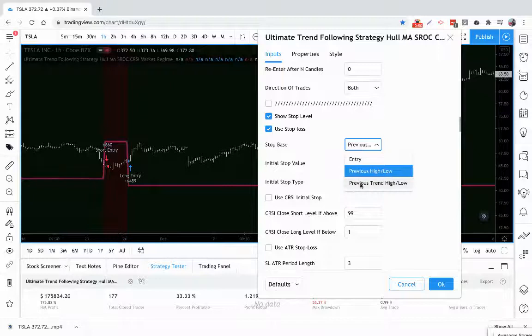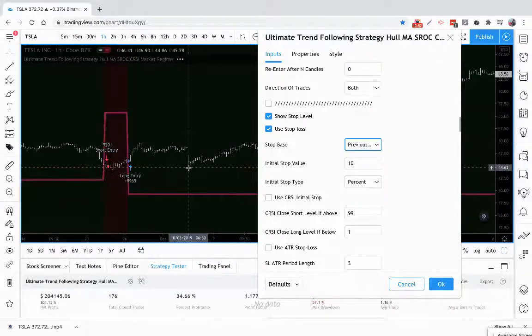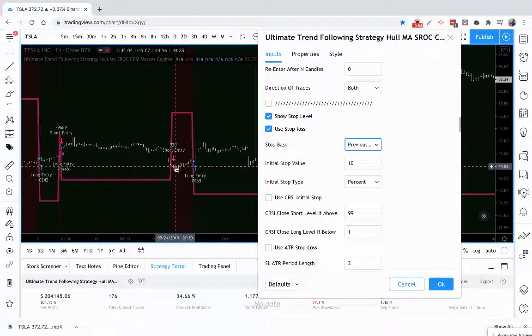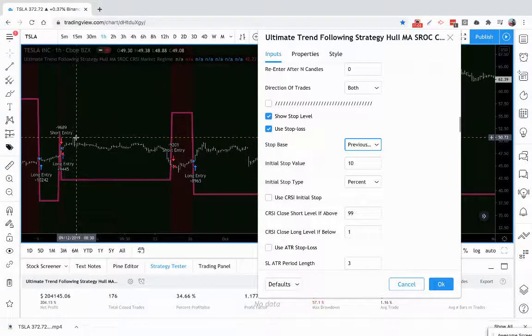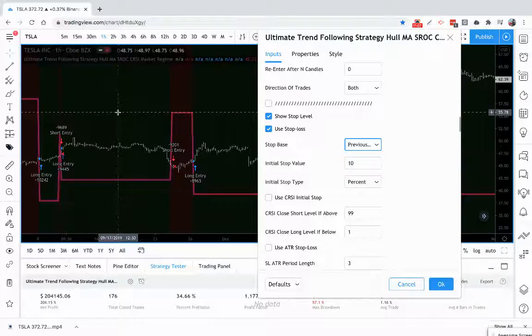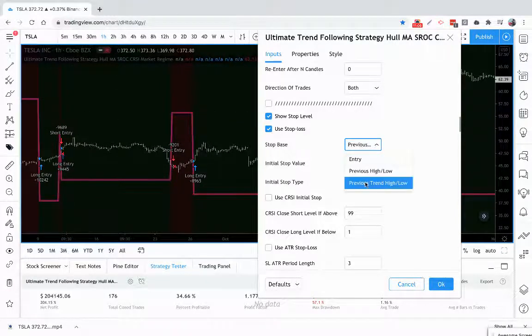And then the previous trend high or low is going to look at the previous trade. So the stop loss for this long is not going to be based on this short. This was the highest area of that trend, and that's 10% from there.